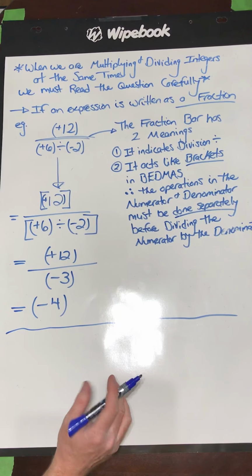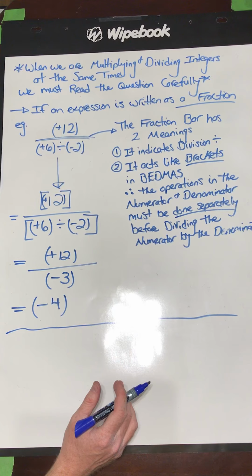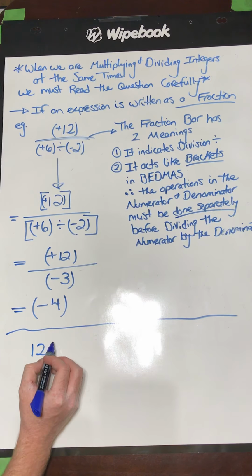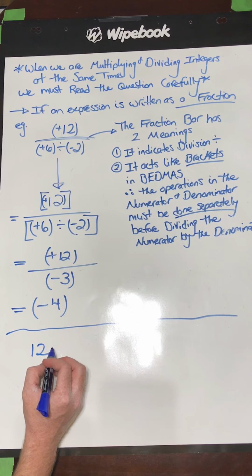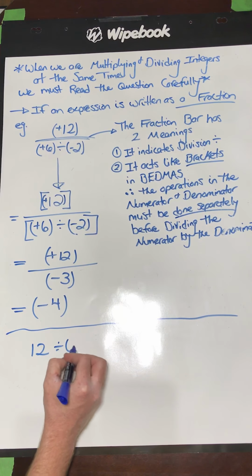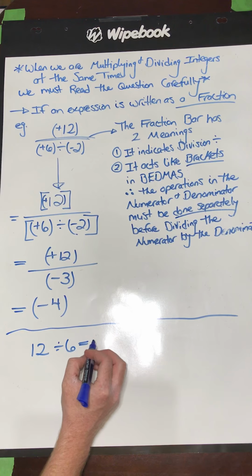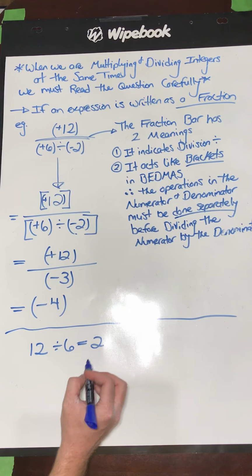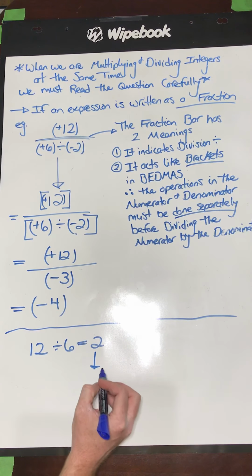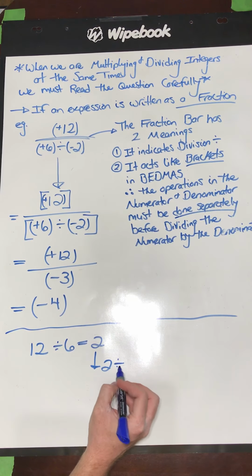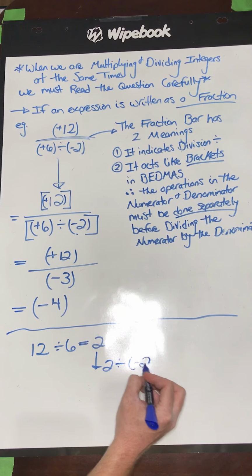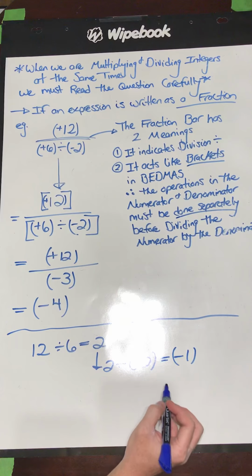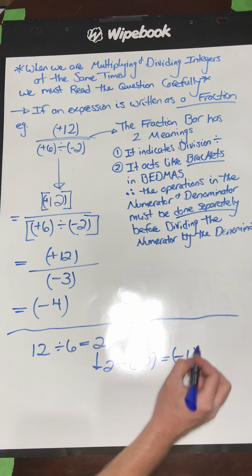What would have happened if we don't use the fraction bar acting like brackets, and I first take 12 and I choose to divide it by 6, I'm going to get 2. And then I can take that 2 and divide it by the negative 2, which is going to give me negative 1, which is not the correct answer.